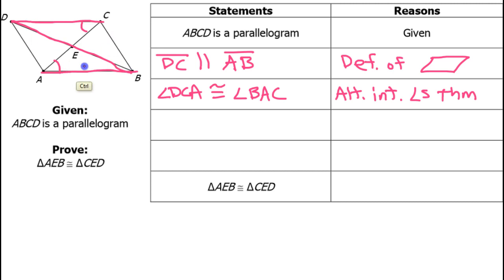That makes this backwards facing Z. So that means that this corner of the Z is congruent to this corner of the Z. These are also alternate interior angles of parallel lines. So I'm just going to name them congruent. So angle CDB is congruent to angle ABD.